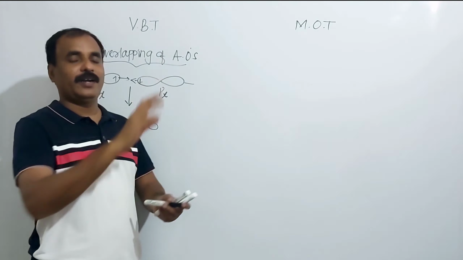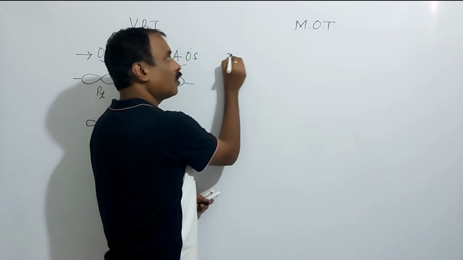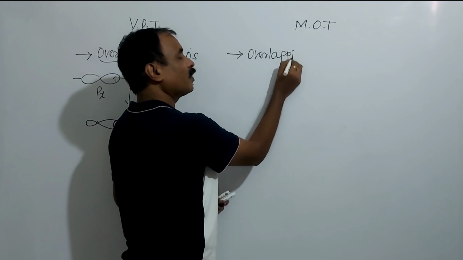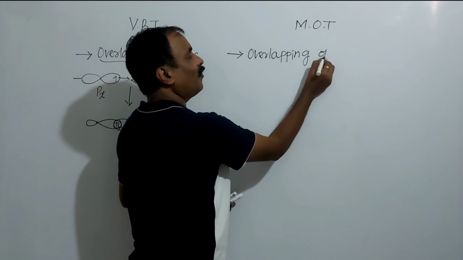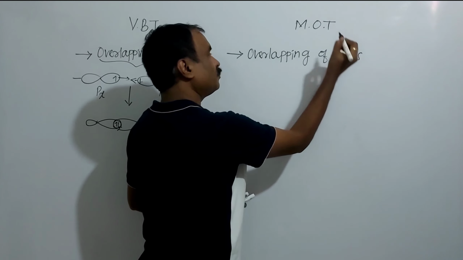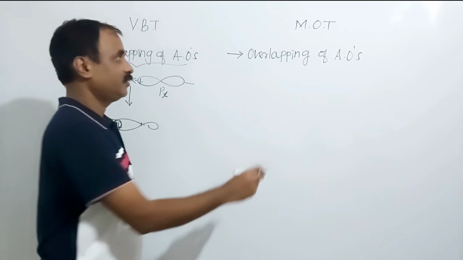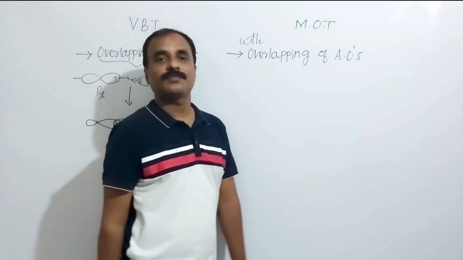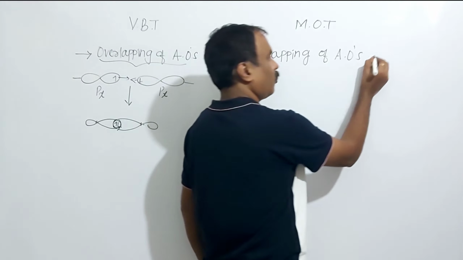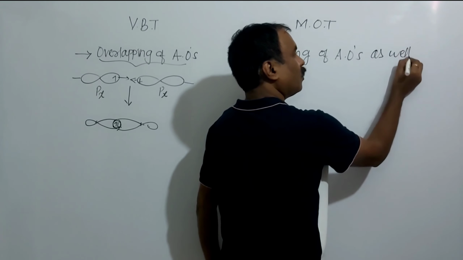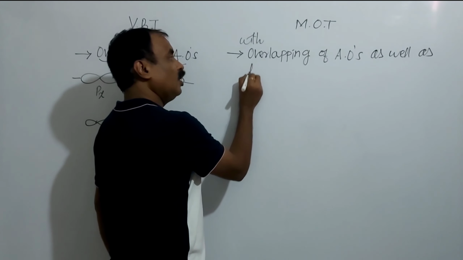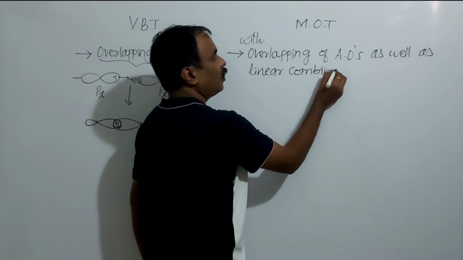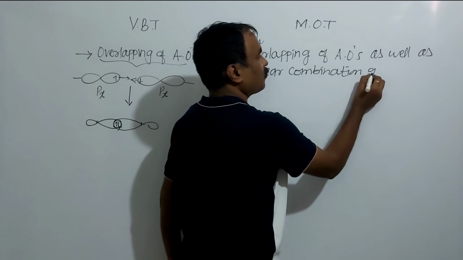Now what happens in molecular orbital theory? Here also there is overlapping of atomic orbitals, but here you can write overlapping of atomic orbitals as well as a linear combination of atomic orbitals.